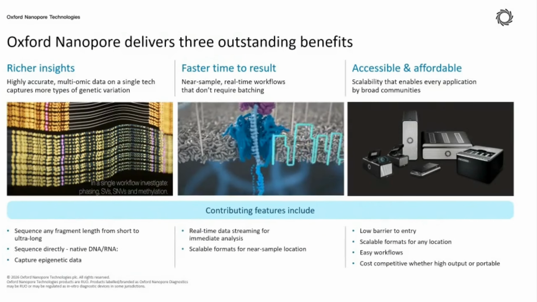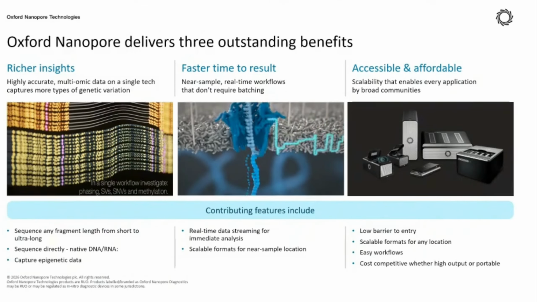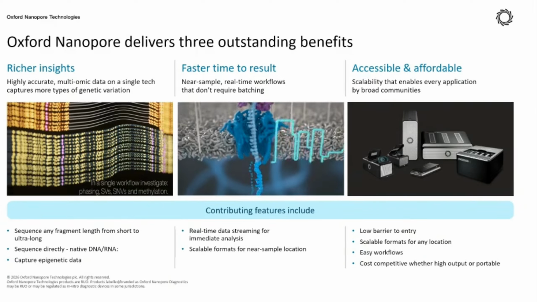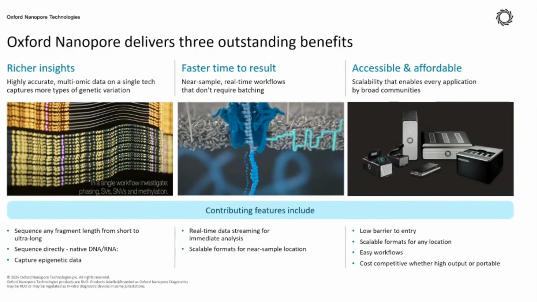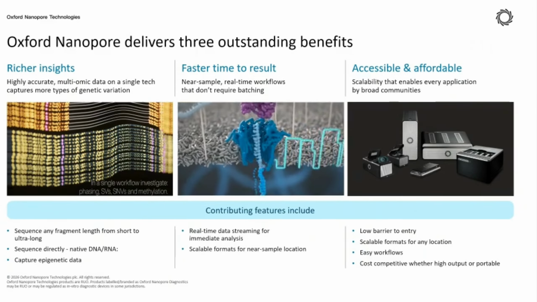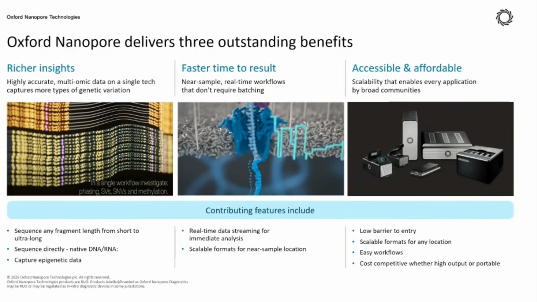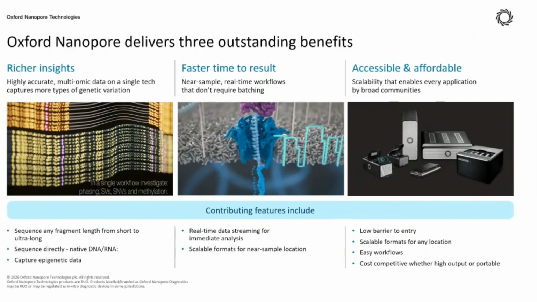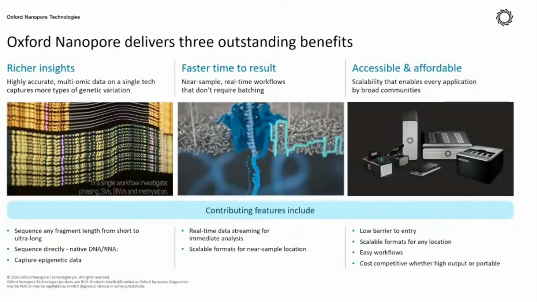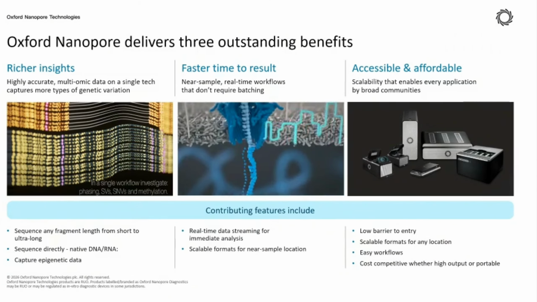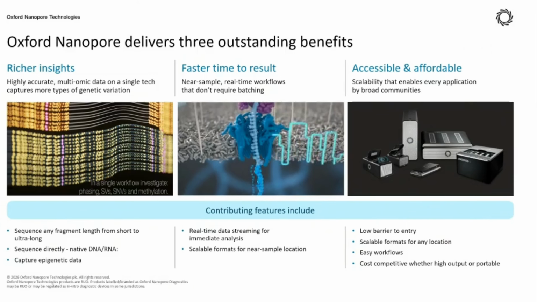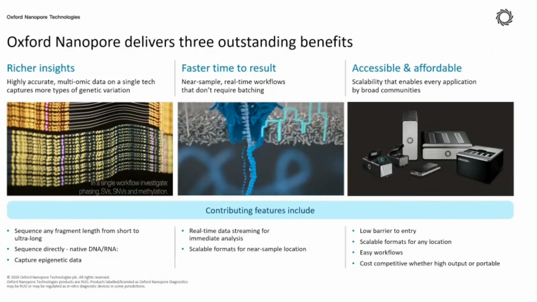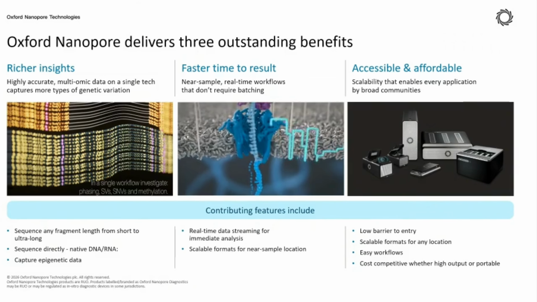So why Oxford Nanopore Technologies? The ONT platforms are actually very different from other sequencing technologies, and they can help to get richer insights. This is also the only sequencing technology that can directly sequence native DNA and RNA molecules. In our DNA samples, the DNA molecule strands can also have some epigenetic modifications.